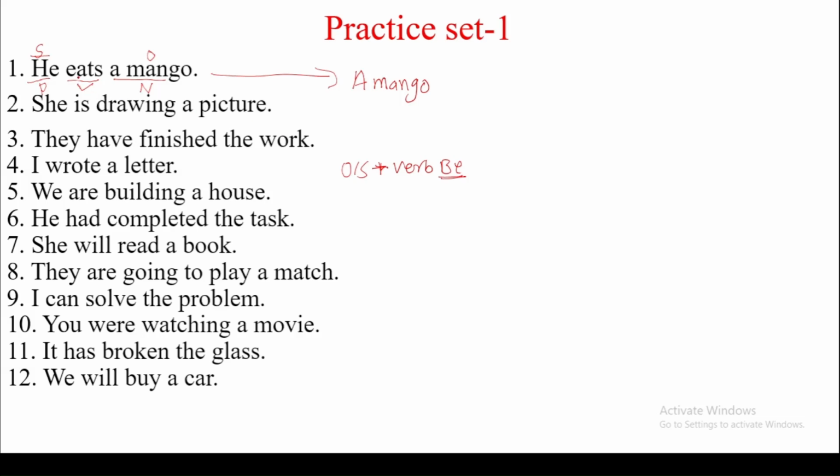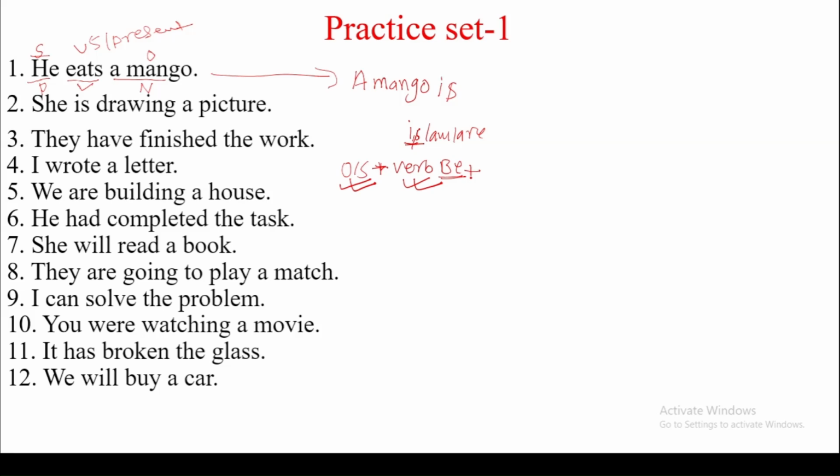So it is the present tense. For present tense, what we use is is, am, are. With a mango, which one is suitable among am, is, are? Obviously is. So we write verb be is. Up to here we have completed two steps. We changed the object to subject, then we added verb be.